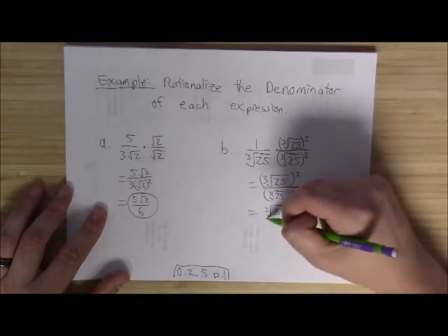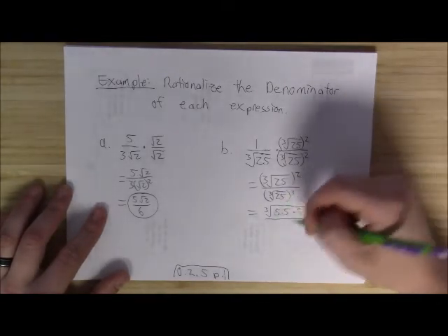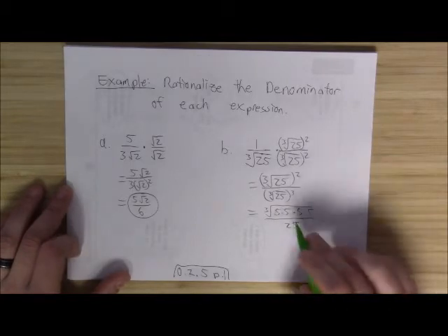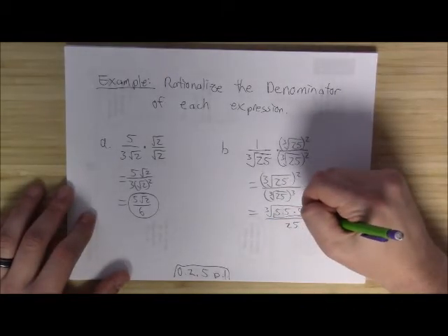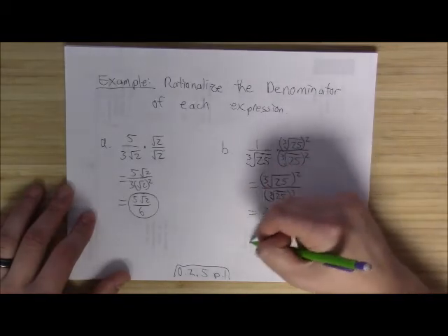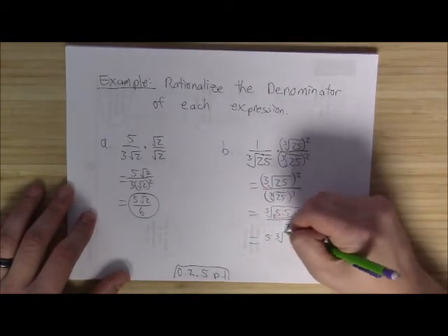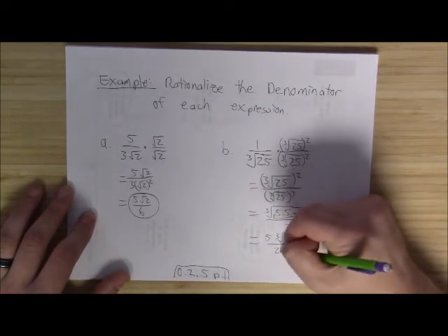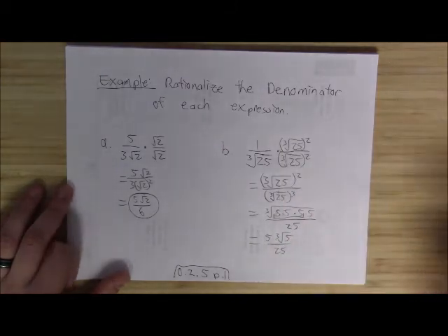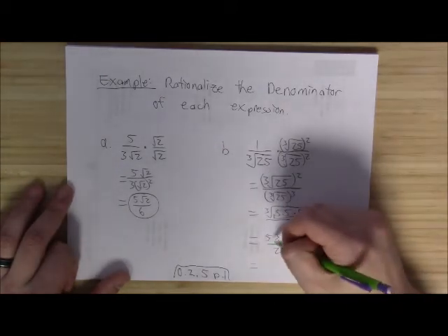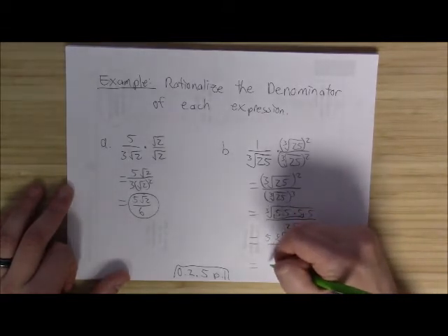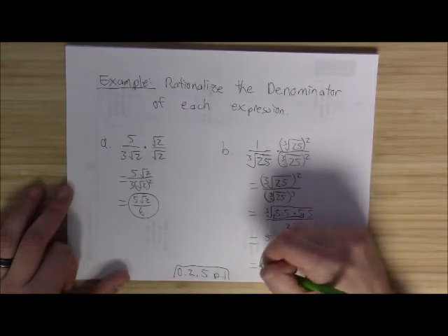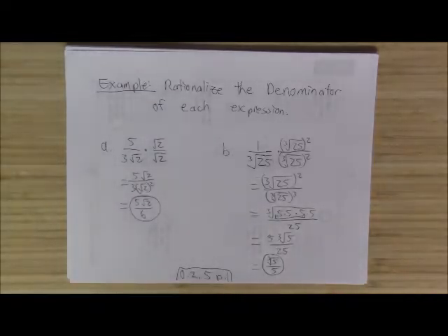So 25 and 25. On the bottom, we know they cancel and just give us 25. Well, since we have 3 of these, we can pull them to the front. So we end up with 5 times the cube root of 5 over 25. Then the 5 and the 25 cancel, so we end up with cube root of 5 over 5. And that is our answer.